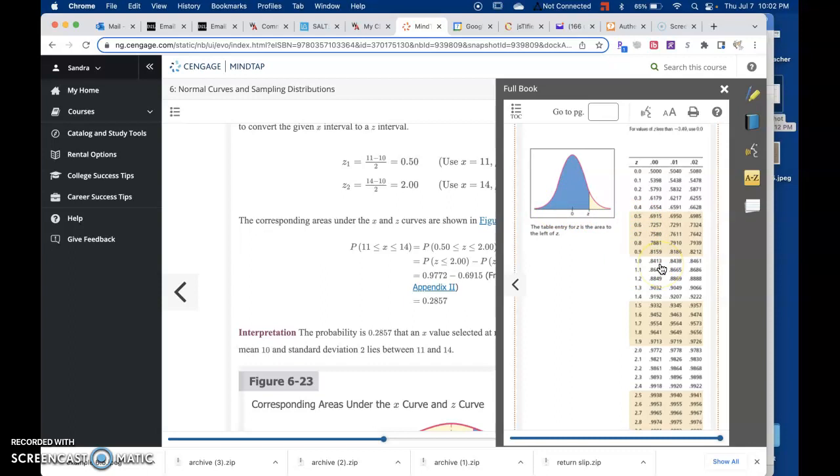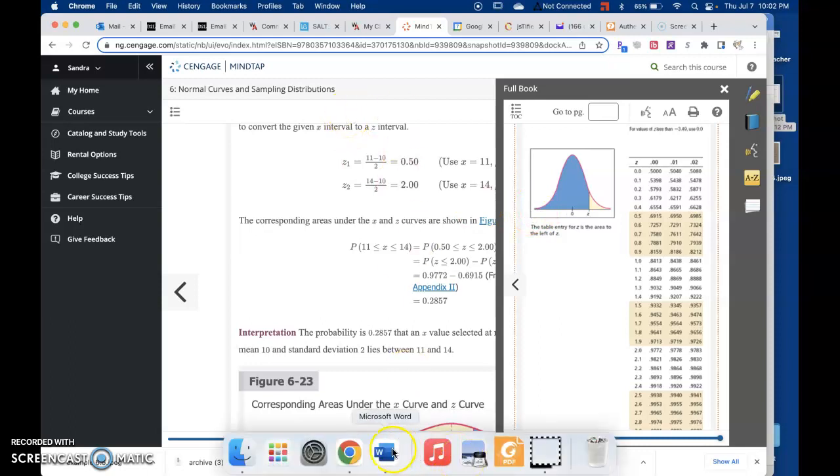Okay, one thing I did want to tell you is if you're looking for greater than, then the answer will be 1 minus 0.8413 if you're looking for the yellow, because that would be greater than, but the answer given on the chart is for less than.